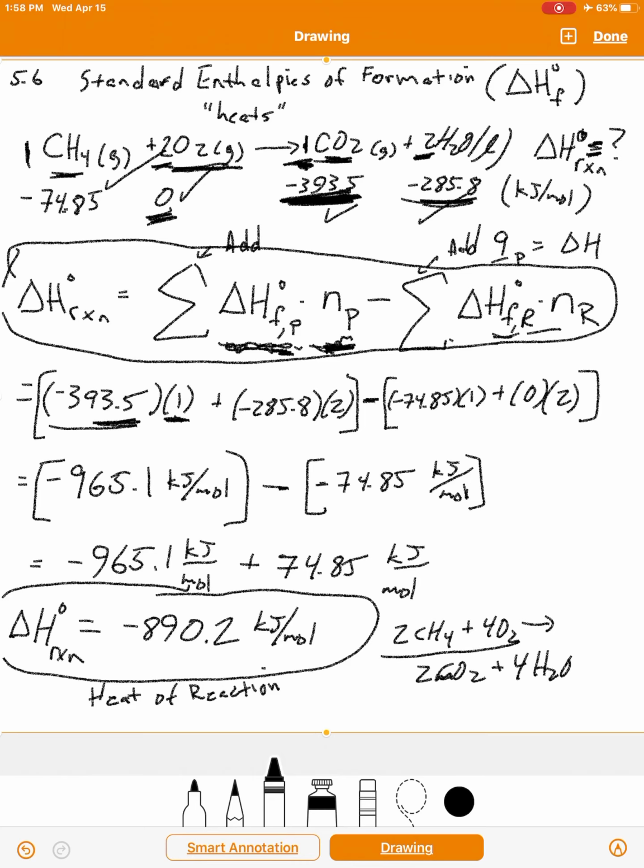If you multiplied the whole equation by 2, then that would change your value by 2 as well. But that's perfectly fine if we know what the equation looks like, we know what we're calculating. Okay? So you can practice a couple of these, a bunch of them in the textbook, and I'll go over at least one of them in a separate problem. Standard enthalpies of formation or standard heat of formation.